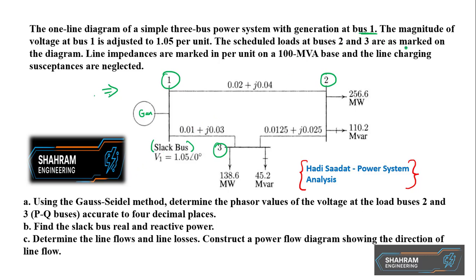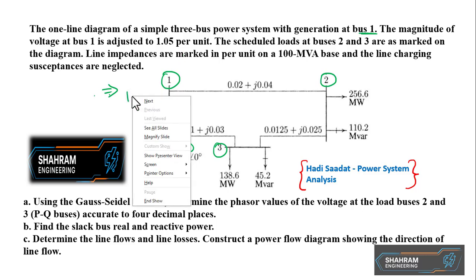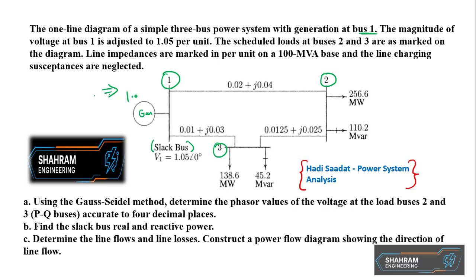Then it says the magnitude of the voltage at bus 1 is adjusted to 1.05 per unit. So the voltage here is 1.05 pu. It continues reading, the scheduled bus loads at bus 2 and 3 are marked on the diagram. So we have here also this whole stuff.